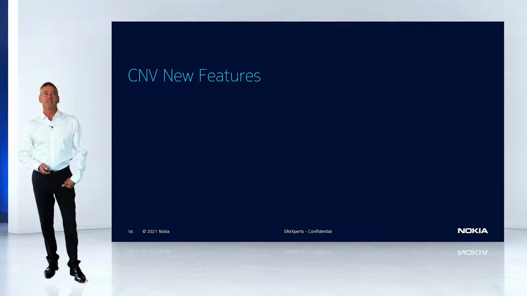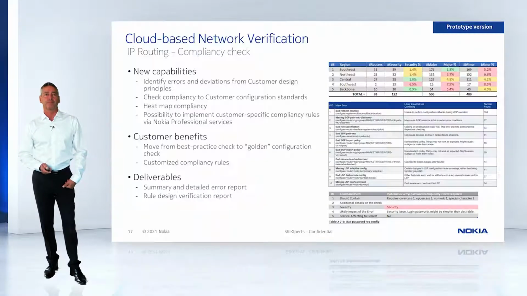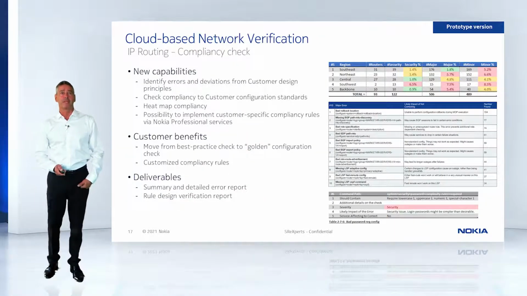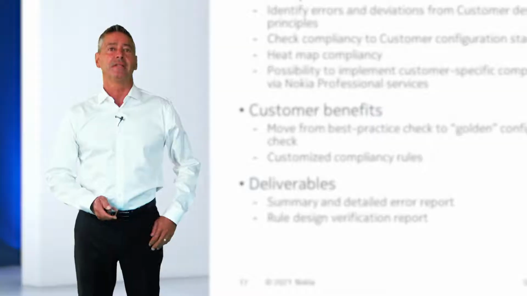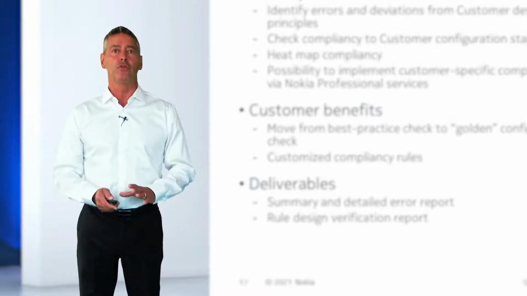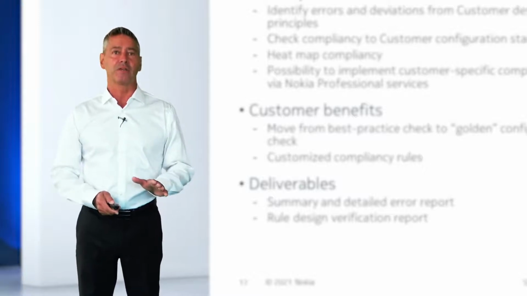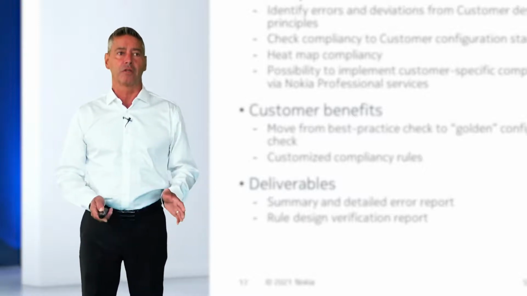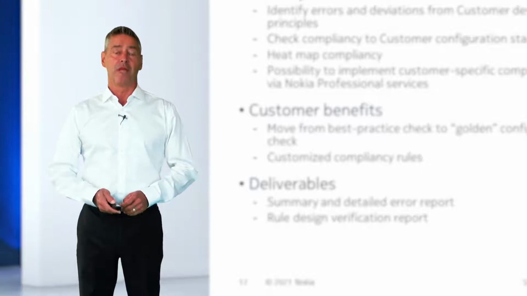So what are the new CNV features for 2021? So the one I'm very excited about is the compliancy check. This is the golden config one. So this one will be specific to you, the customer, the service provider. All the other reports are all based on the same rules for everyone on the planet.